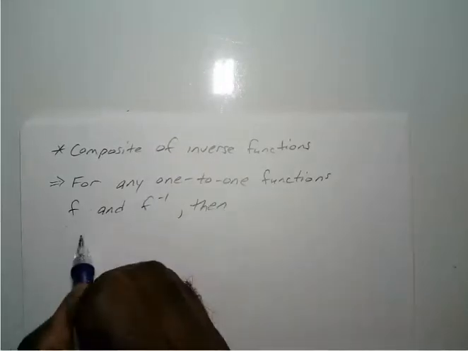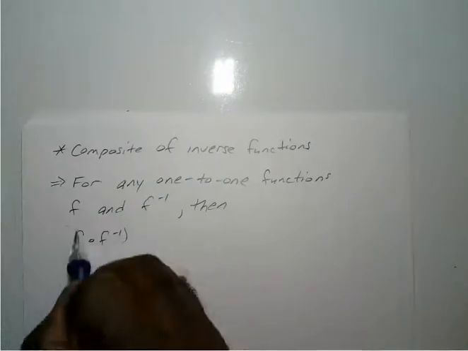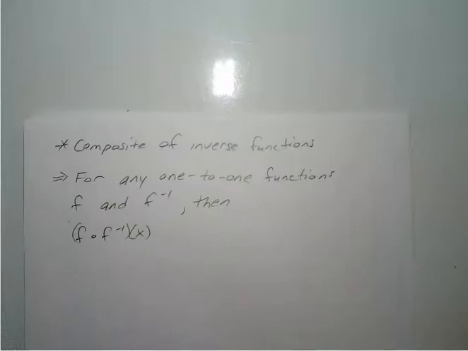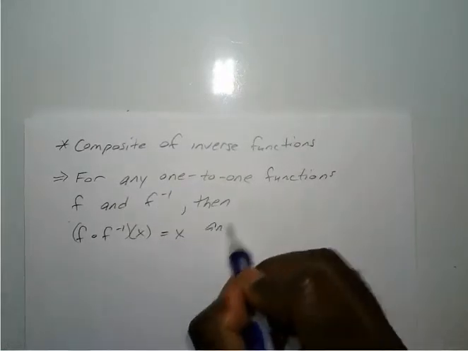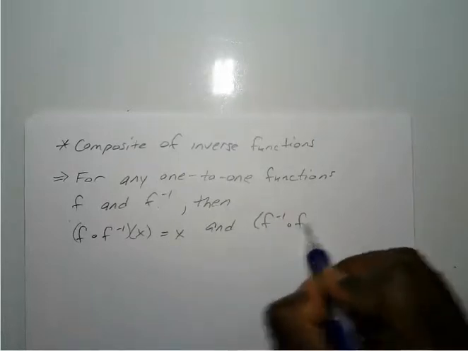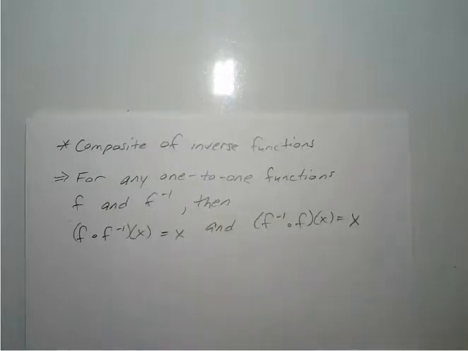Then f of f inverse of x, so the composite of f and f inverse of x equals x, and the composite of f inverse and f of x equals x.